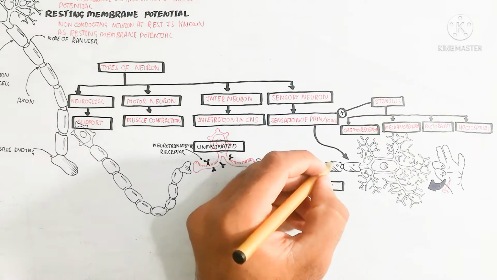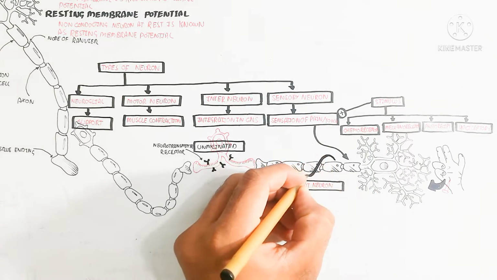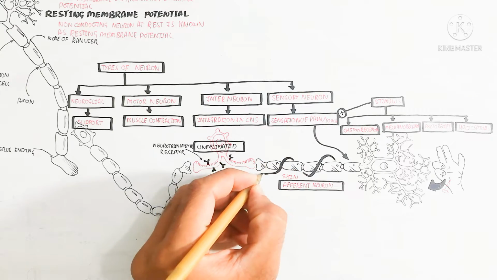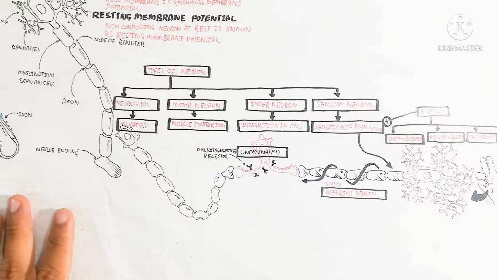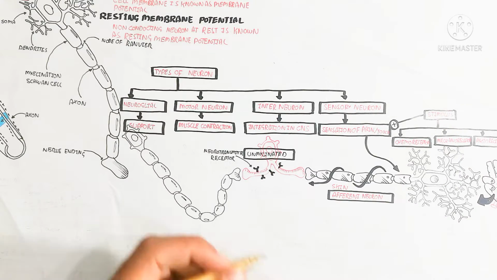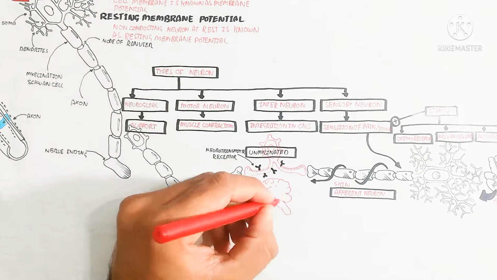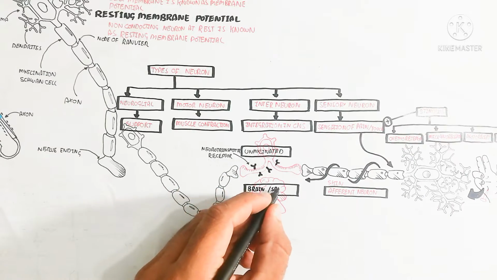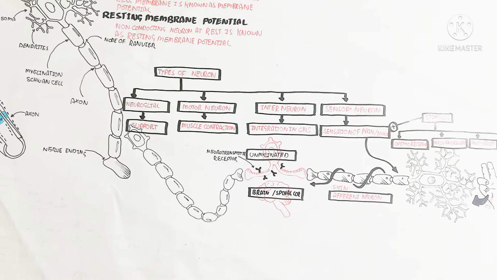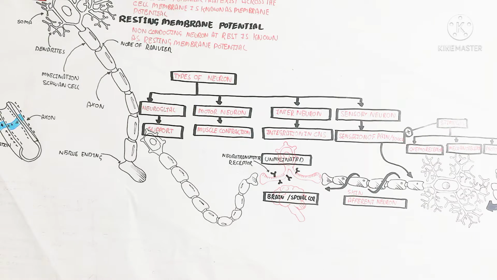The skin neuron is the afferent neuron because it moves toward the brain. While here it is unmyelinated, present in the central nervous system, brain or spinal cord, and it is not long.